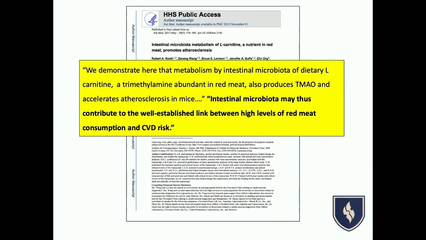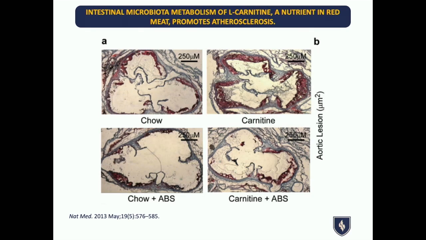And then this is one of the studies they showed here. These are mice that have bacterial growths that can convert meat into TMAO aggressively. Here's chow, here's carnitine. Carnitine is what's in meat. You can see this is the blood vessel, and this is atherosclerosis in red. Okay, normal chow. They give them lots of red meat, carnitine, and you see the atherosclerosis develop.